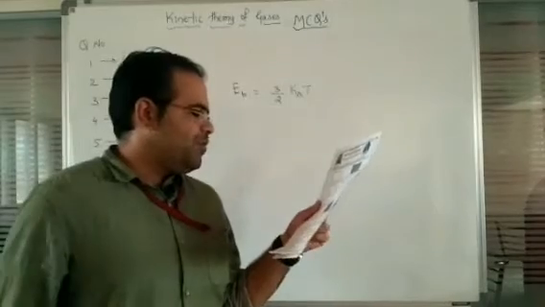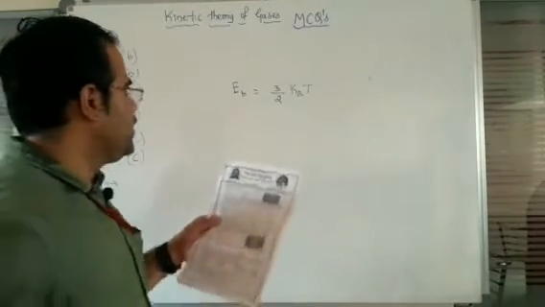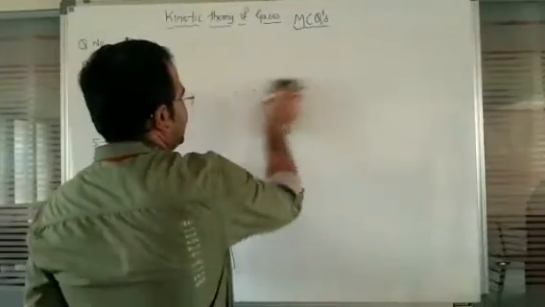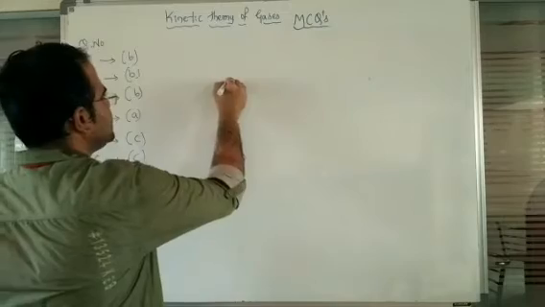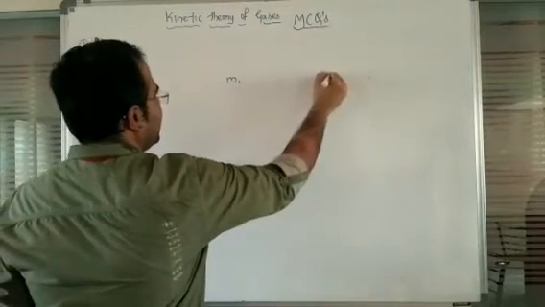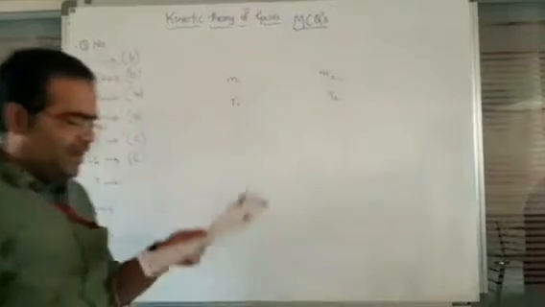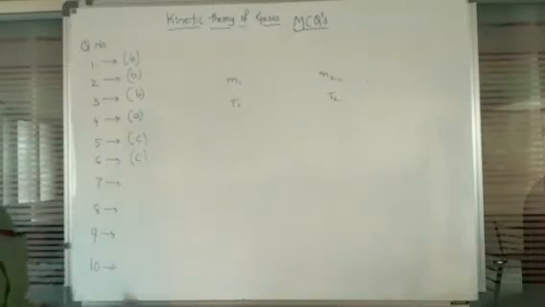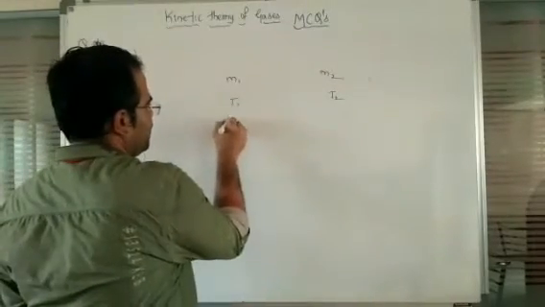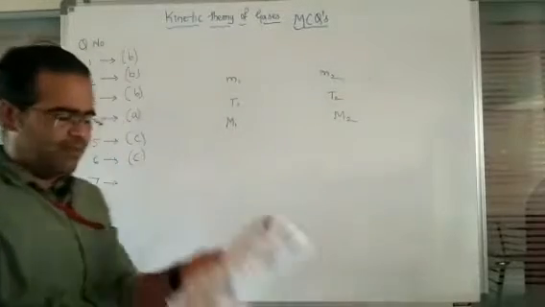Next, two perfect gases having masses M1 and M2 and temperatures T1 and T2. Then they have molecular weights, where the molecular weight of the first one is M1 and of the second one is M2.